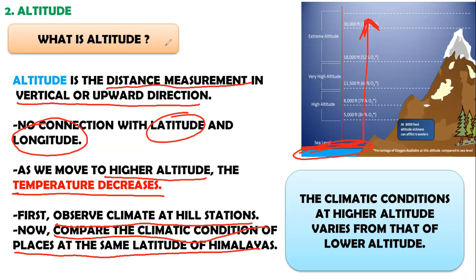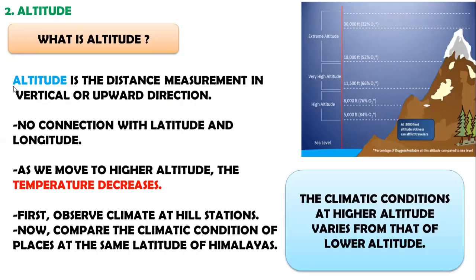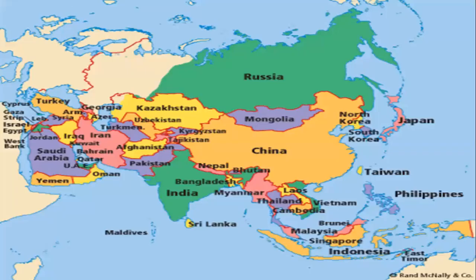Now what I mean by this point is, see, this is the latitude that passes through all of these places. Correct? This latitude is passing through here, and it includes places like Saudi Arabia, it includes places like Qatar, Bahrain, Pakistan, and our Himalayan region as well.